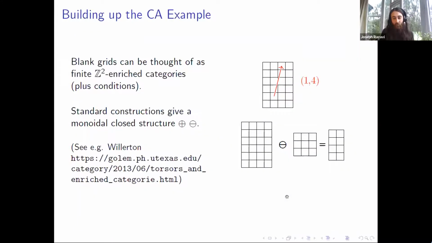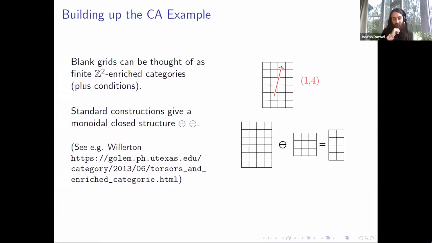So we can think about the blank grids as being categories enriched in the group Z squared, where we think of that as a discrete monoidal category. And there's a nice N-Category Cafe post by Simon Willerton where he talks about torsors as enriched categories. And if your group is abelian, then you get a symmetric monoidal closed category of enriched categories.